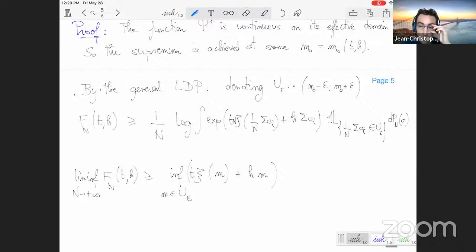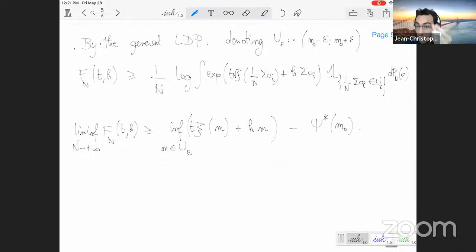What the large deviation tells me is that the probability that the mean magnetization falls into U epsilon is always larger than psi star of M naught, as a bound. In fact, it's even better than that, and you have minus the infimum, but I can just use psi star of M naught. If I want, I could even insert minus the inf over U epsilon, but this is a weaker bound, which is sufficient.